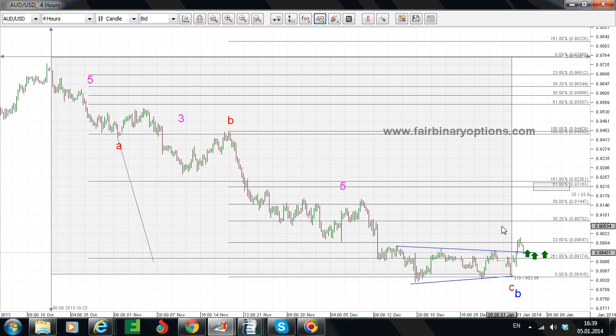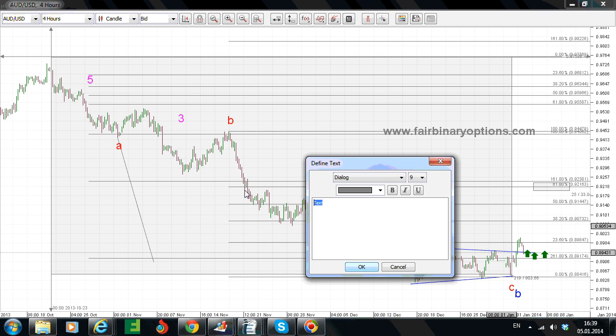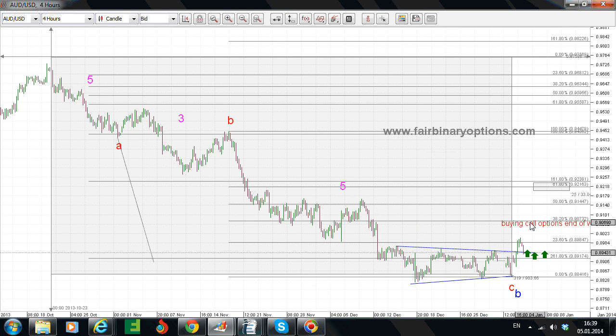So we want end of week after the NFP on Friday. So buying call options with end of week expiration date is the logical thing to do on the Australian dollar US dollar trade. First thing to do on the opening on Monday.